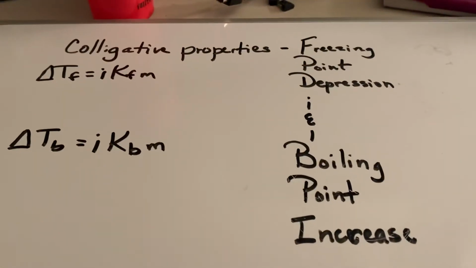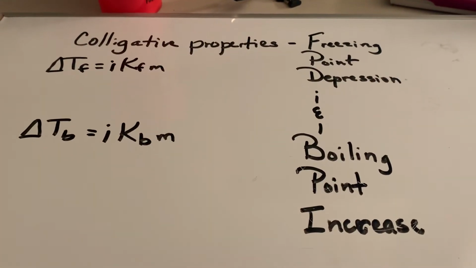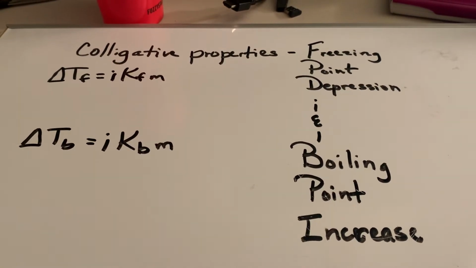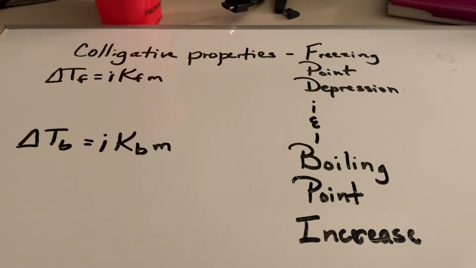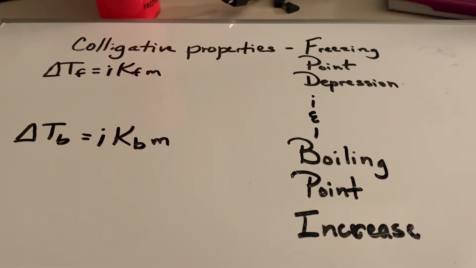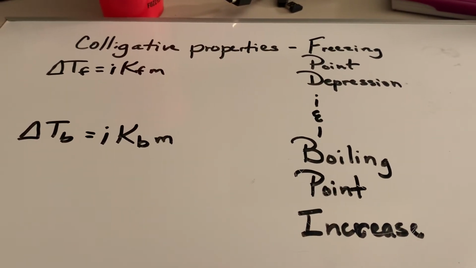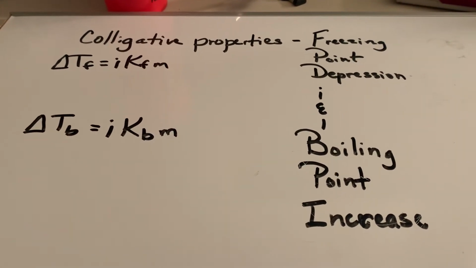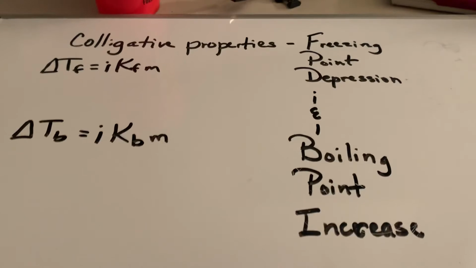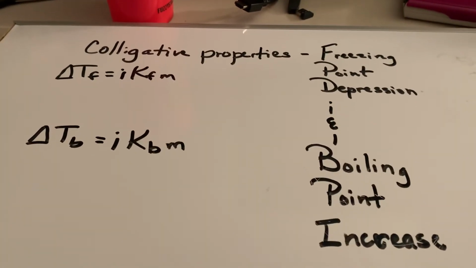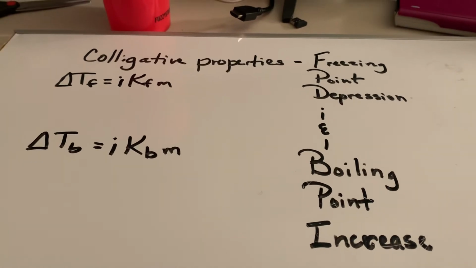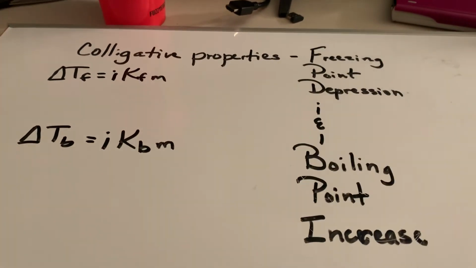This is most applicable whenever you see weather conditions get really harsh in places like Colorado, Montana, up north, where freezing points get really, really low, and you'd see workers go out and salt the roads.